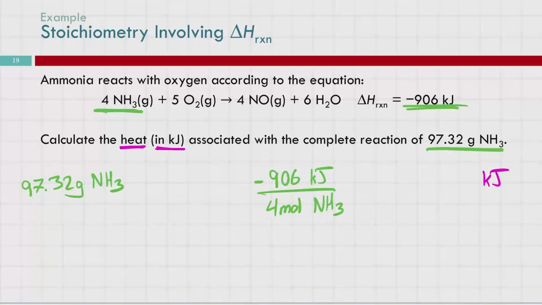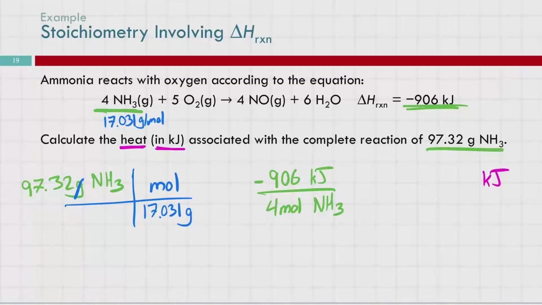Molar mass. So we're going to use our molar mass for NH3. We saw it earlier. So we're going to divide by our molar mass. So the grams and the number go on the bottom. The moles goes on the top. Grams cancel. If we stopped here, we would have moles of NH3.